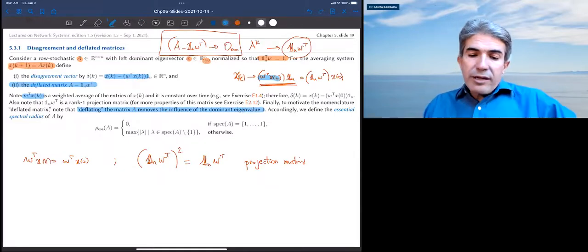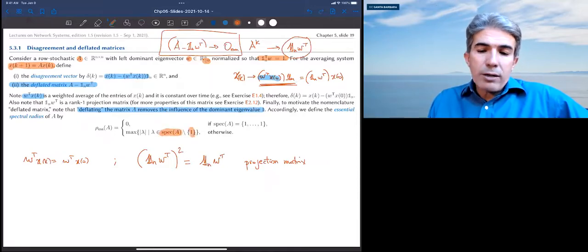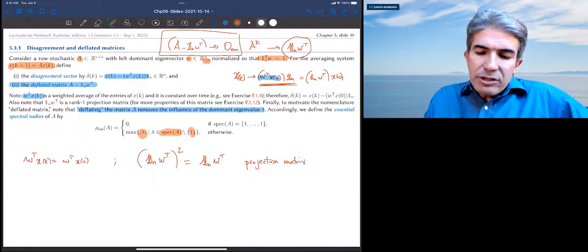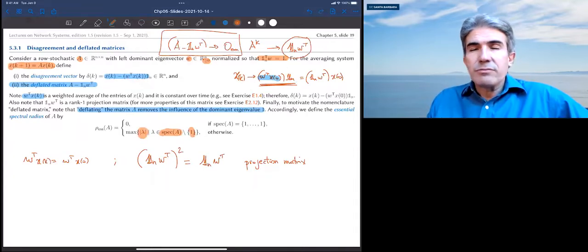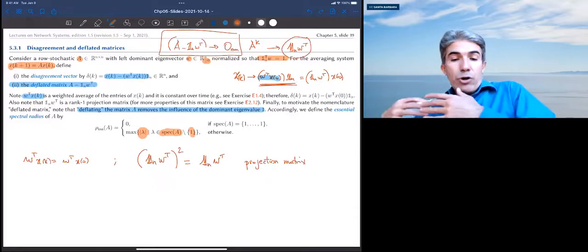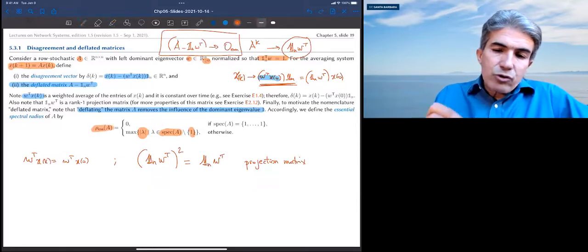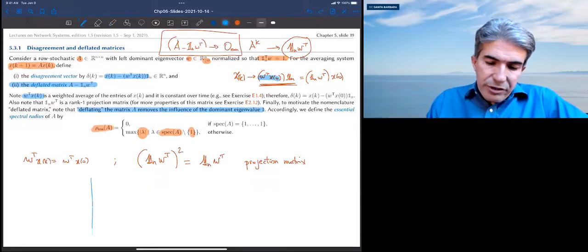If I remove the eigenvalue 1, I can also define this essential spectral radius. Suppose I take all of the eigenvalues of A, but I subtract the eigenvalue 1. And then I look at the maximum absolute value of these eigenvalues, and I call that the essential spectral radius. So intuitively, the picture is very easy.